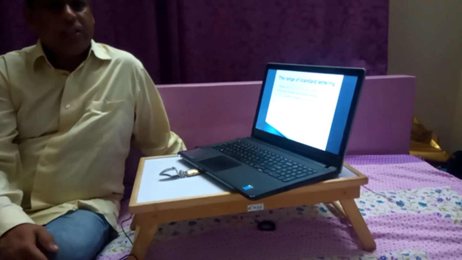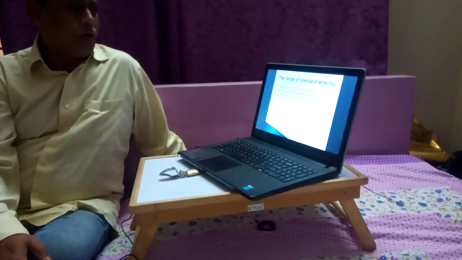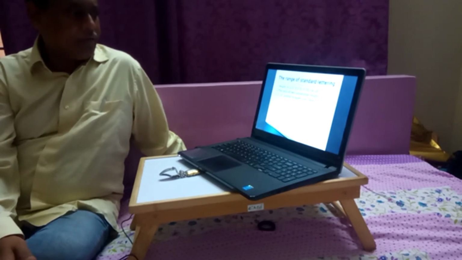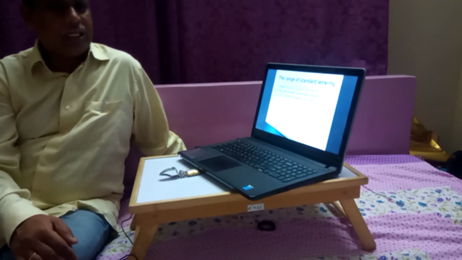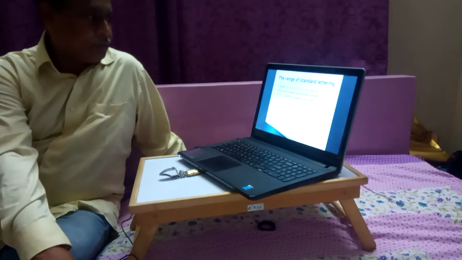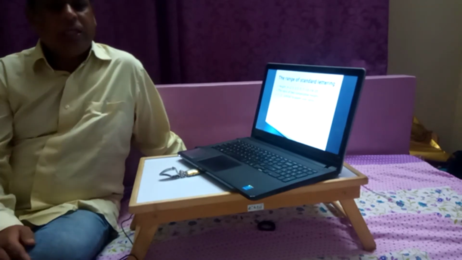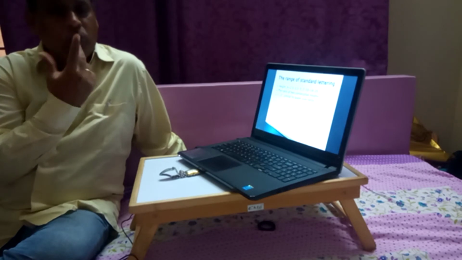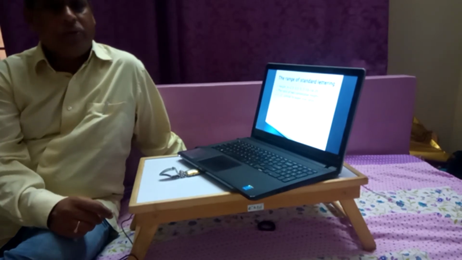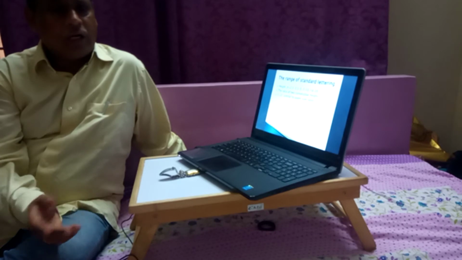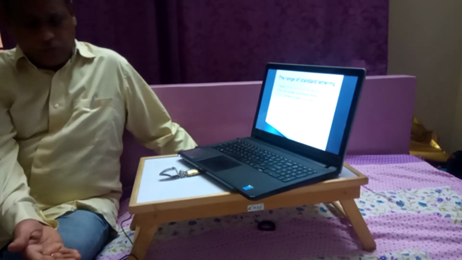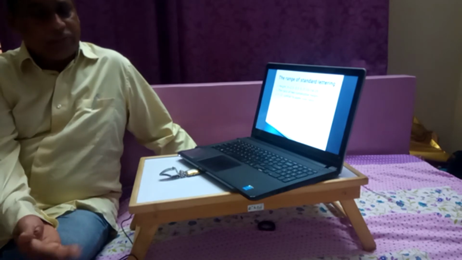So the range of heights starts from 2.5, next comes 3.5, then 5, 7, 10, 14 and 20. This is the range of letter heights recommended by the IS code. The ratio is 1:√2. So by multiplying by √2, every alternate number, we will get the next subsequent number.